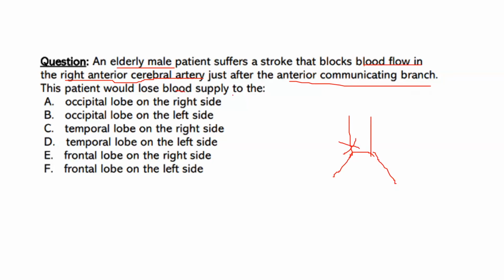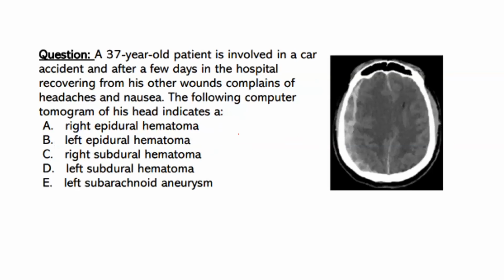The patient would lose blood supply to it. It's not going to be the occipital lobe because that's the posterior side, or the temporal lobe, which is supplied by the middle cerebral artery. It's going to be the frontal lobe, and since it's the right anterior cerebral artery, it's going to be the right side of the frontal lobe. So the answer is E in this case.